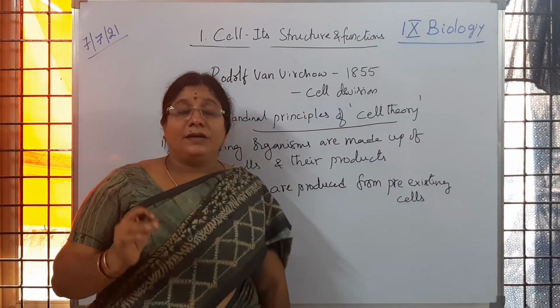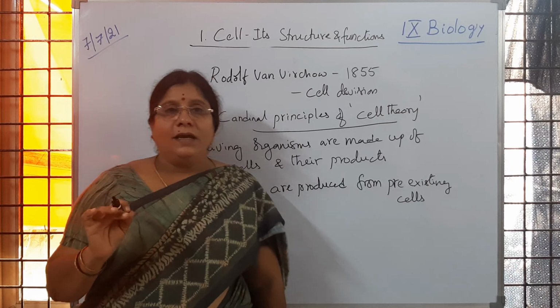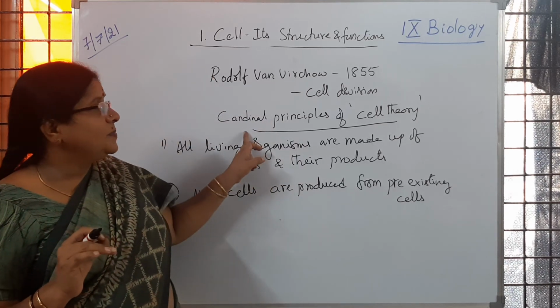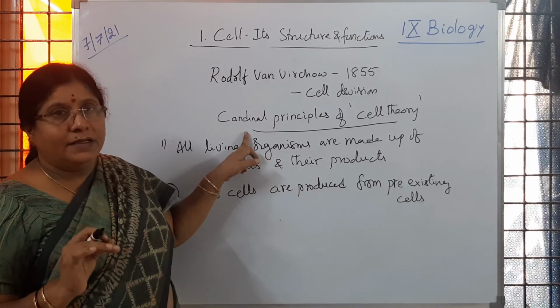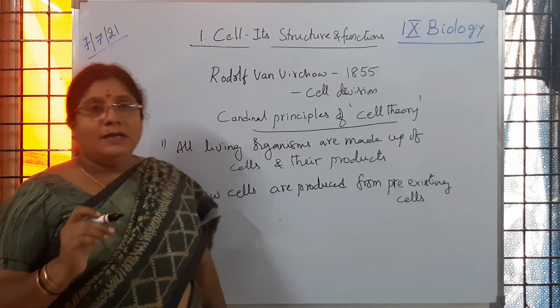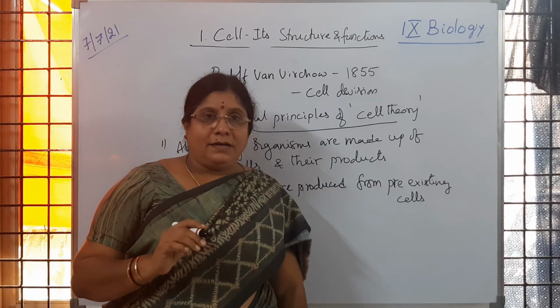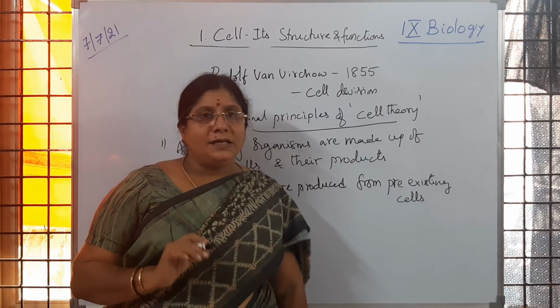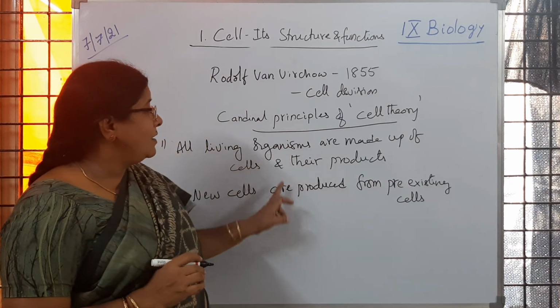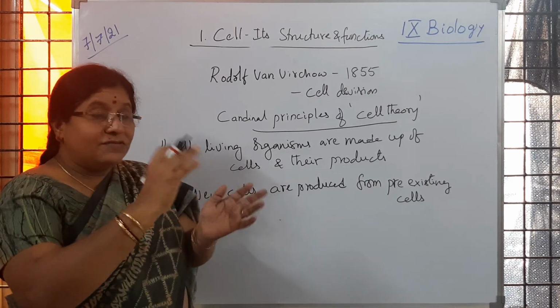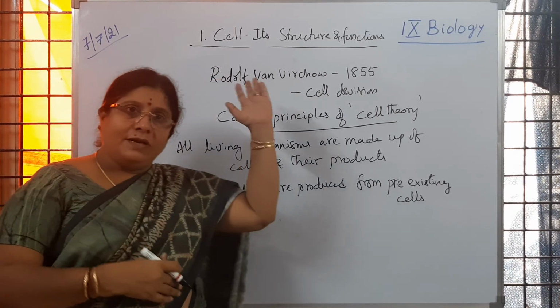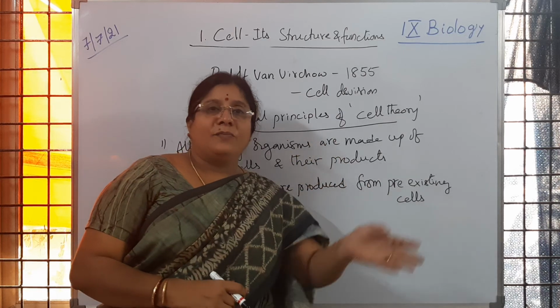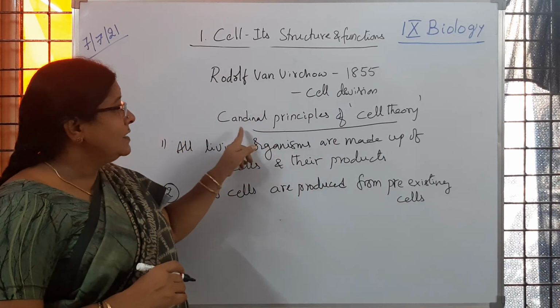You will be given a question: who proposed cell theory and what are the cardinal principles of cell theory? Schleiden and Schwann are the two scientists who proposed cell theory. They summarized all the work carried out by earlier scientists.